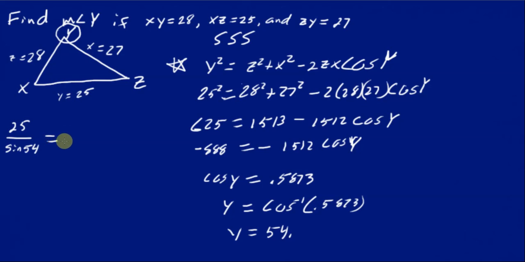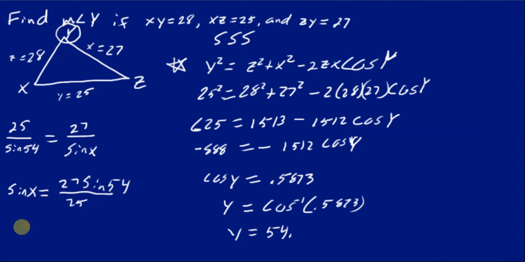It is equal to, and we can find either side. I'm just going to go ahead and find x. So side x, 27, is to the sine of x. So solving for sine of x, I'm going to multiply up here. So the sine of x is equal to, then I've got to divide by 25 and multiply by the sine of 54.